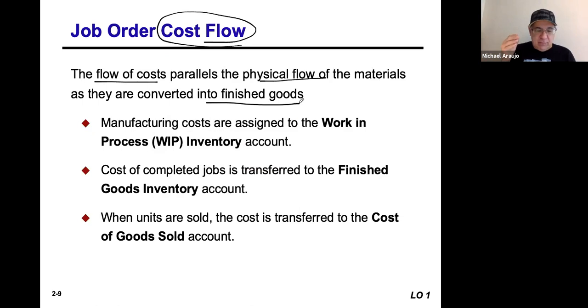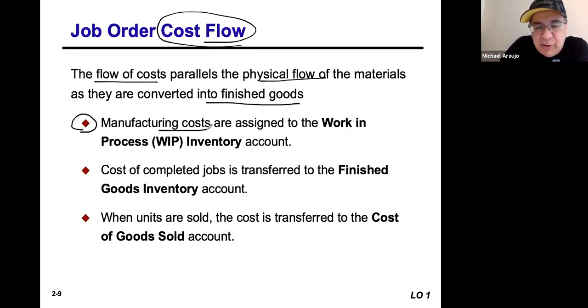You have raw materials, you have direct labor, you have manufacturing overhead. They go through a process, and what comes out is finished goods. Once the manufacturer has finished goods, they can sell them to retailers or wherever they sell their goods. So this is the flow that you need to know.